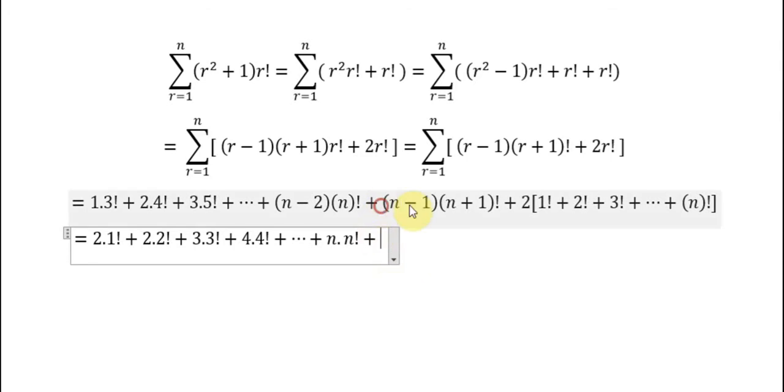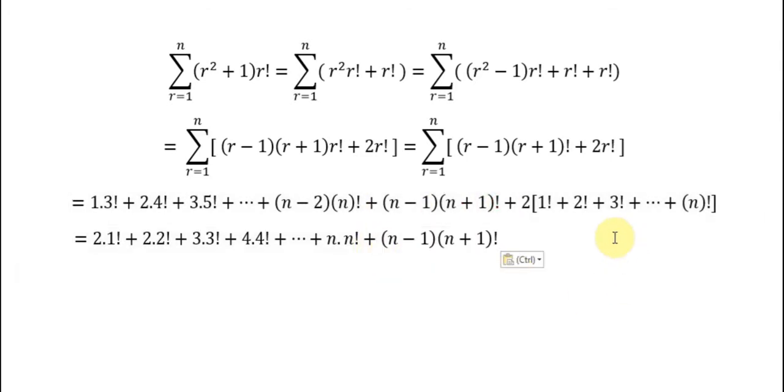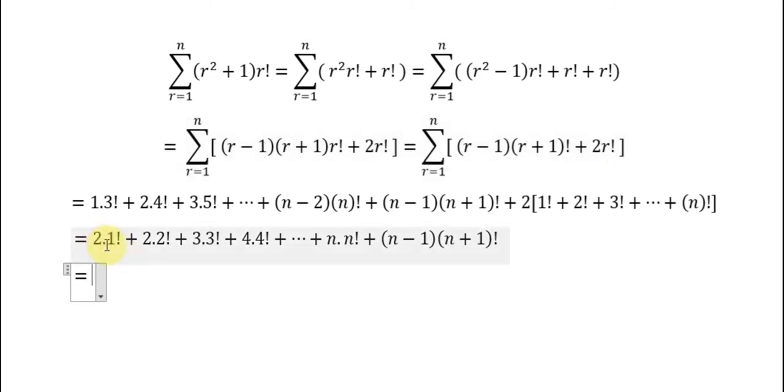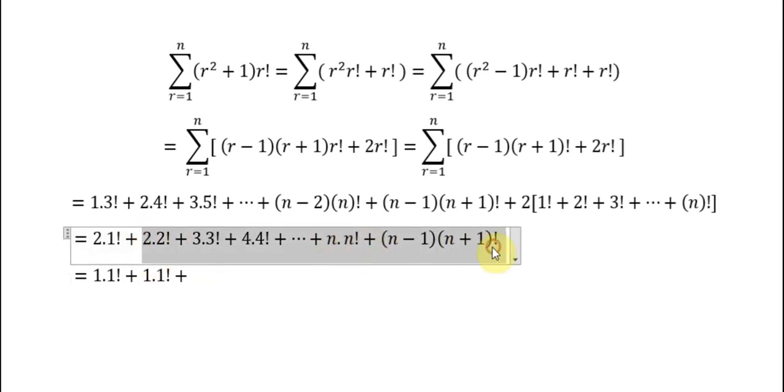And at the end we recall this one. We have 2 multiplied with 1 factorial. We put 1 multiplied with 1 factorial, 1 multiplied with 1 factorial in here. And we keep the same like this.